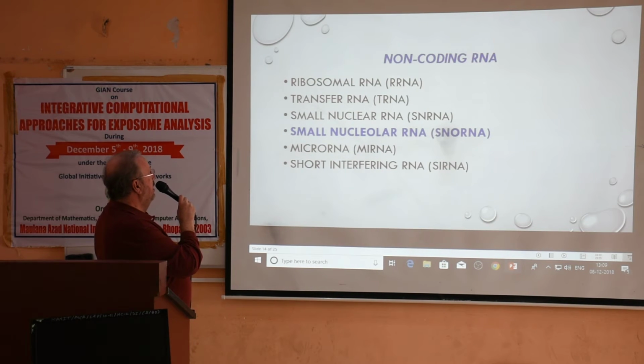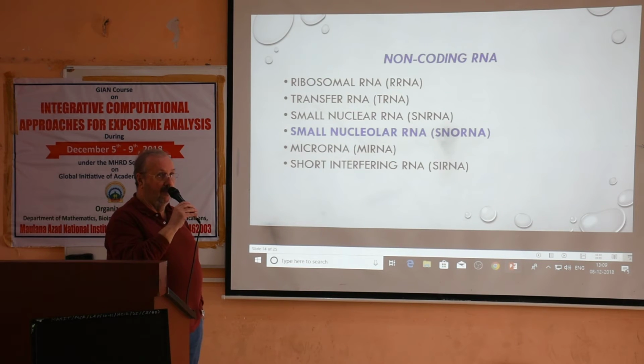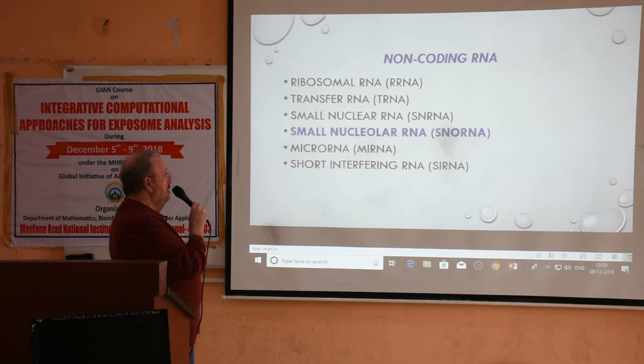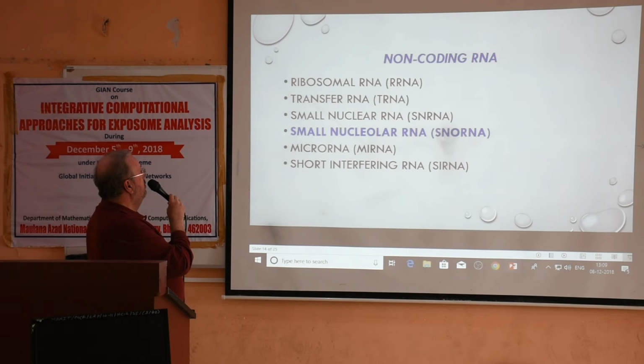Now we're talking about non-coding RNA. Non-coding RNA is a class of regulatory elements. They include ribosomal RNA, which participates in the ribosomal action.